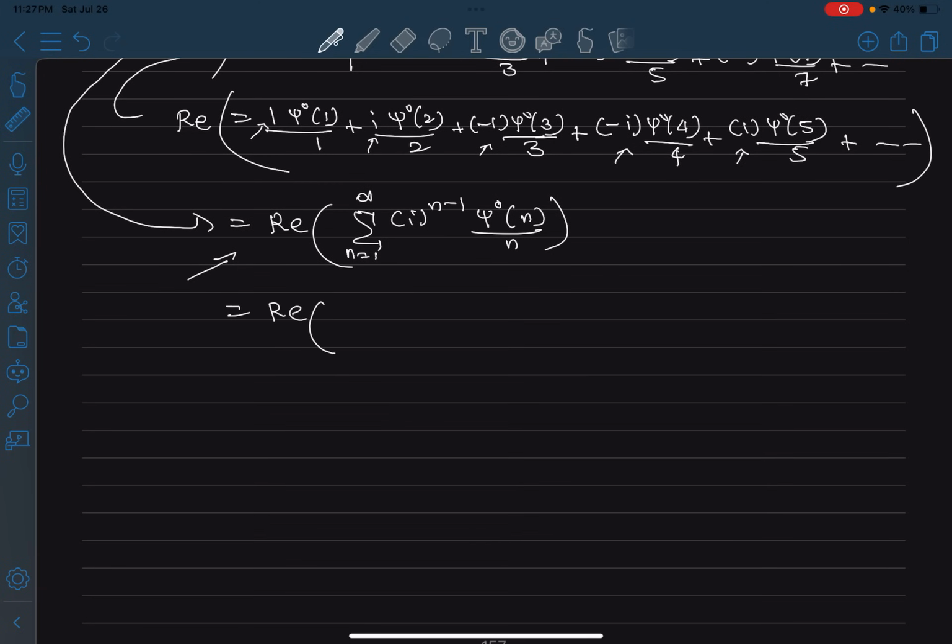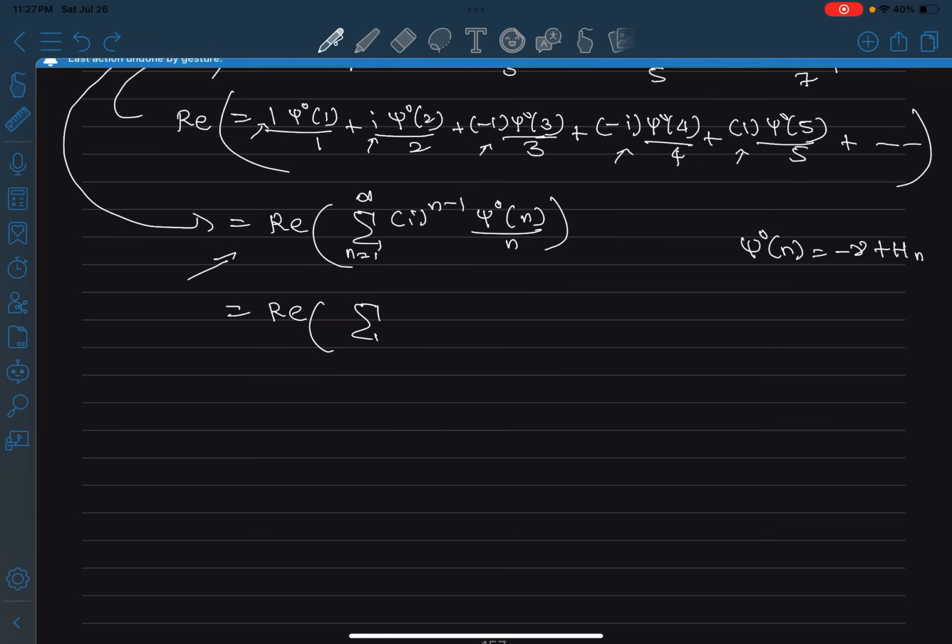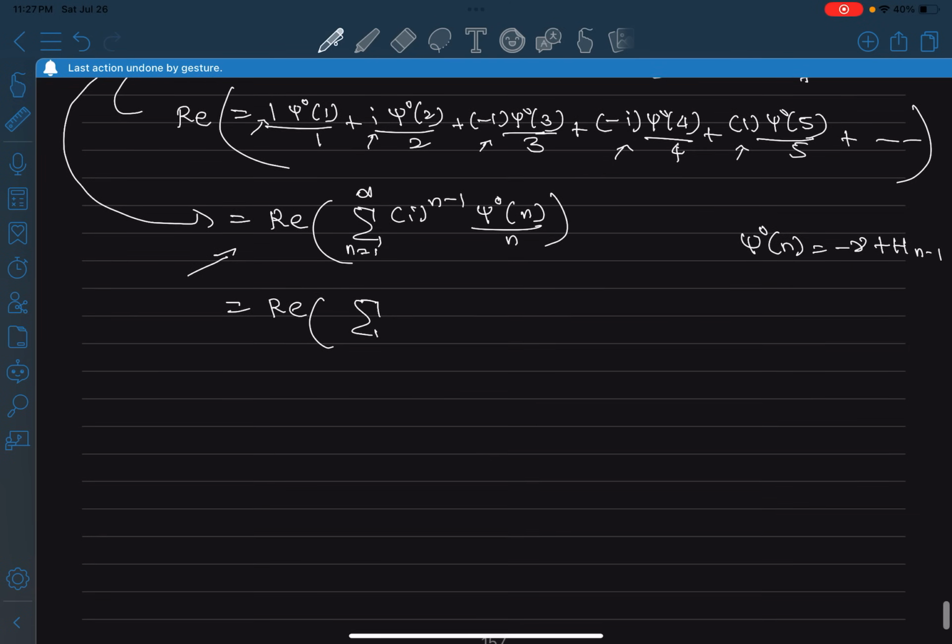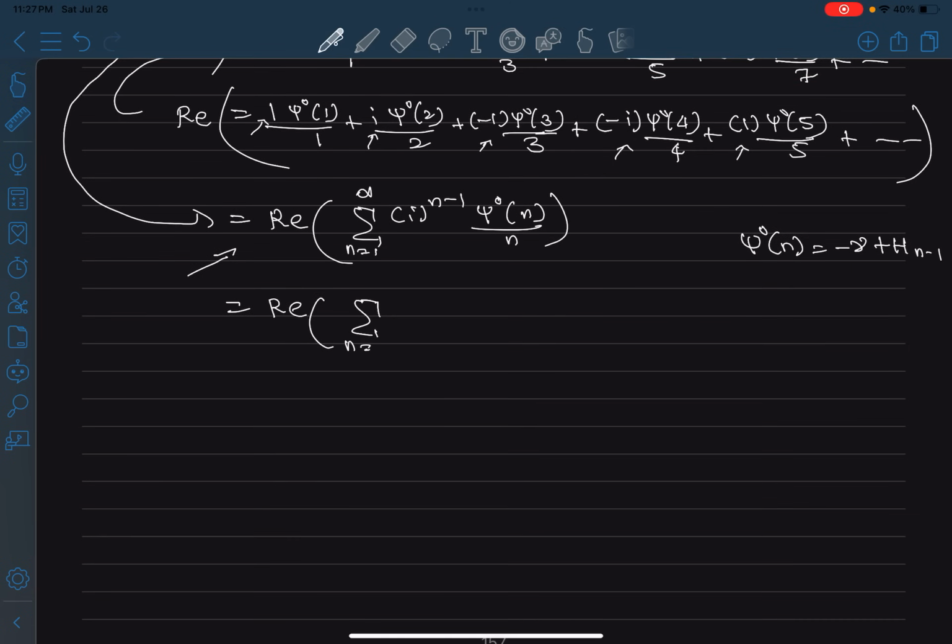So now what we will do is first write this digamma function as minus the Euler-Mascheroni constant plus the (n minus 1)th harmonic number. And I will also change this 1 over n as the integral from 0 to 1 of x to the power n minus 1 dx.